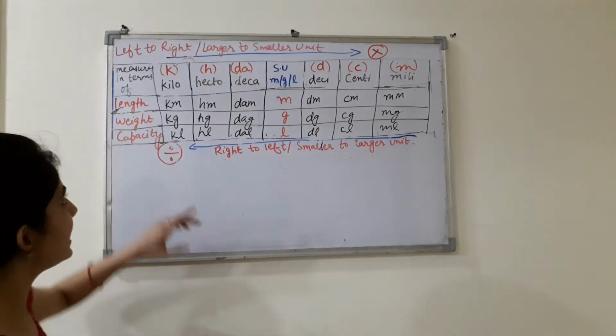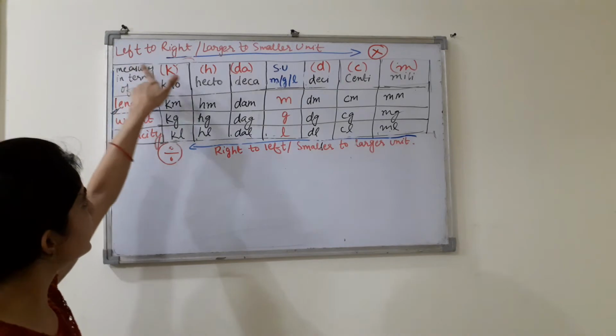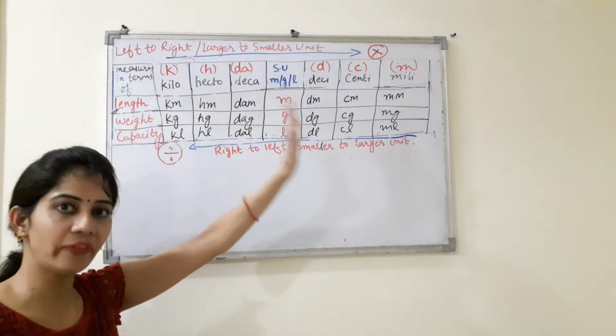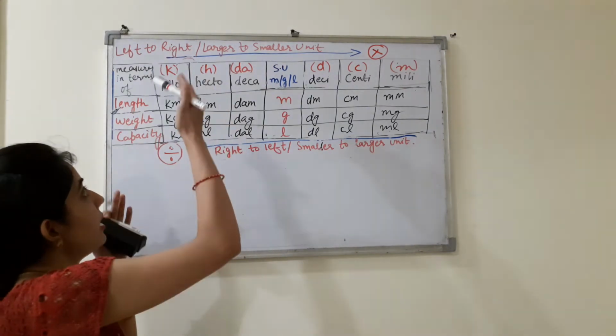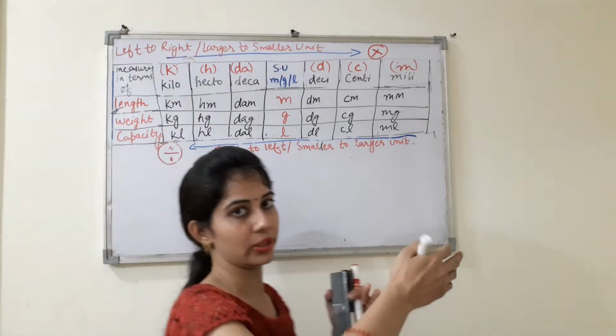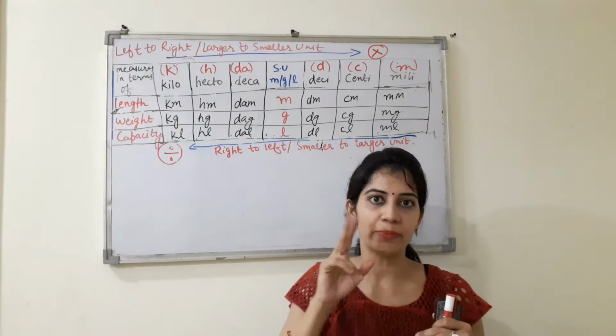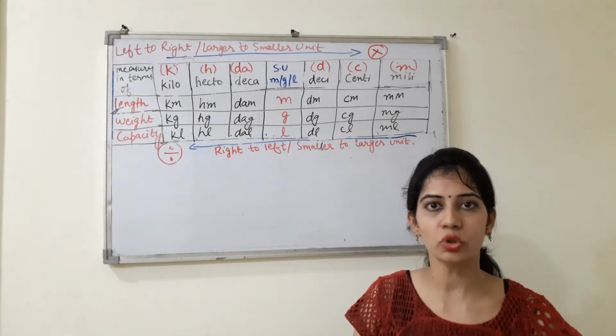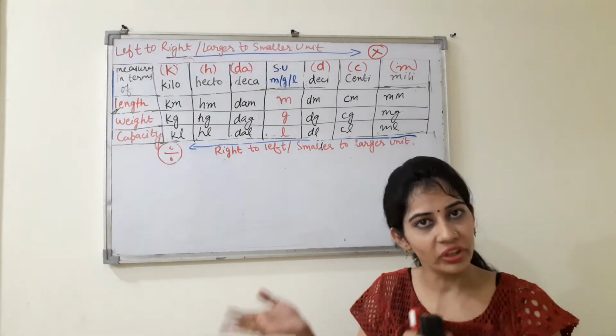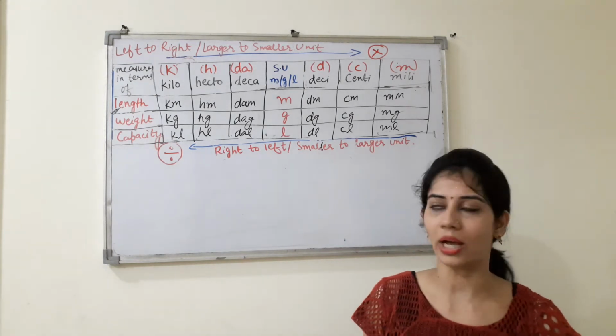Now you can see that when we are going from left to right, it means we are going from larger units to smaller units. So we can have two types of question. First is to convert the larger units into smaller units, and second we can convert the smaller units into larger units.